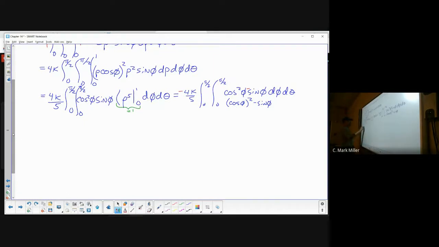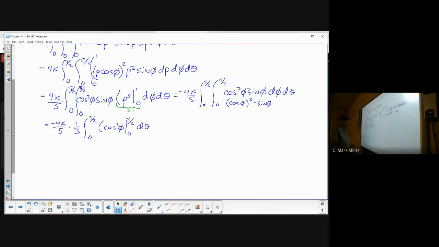So that gives us minus 4k over 5. I'm going to get a cosine cubed over 3. So I put a third out here. Integral 0 to pi over 2, cosine phi cubed from 0 to pi over 2, d theta.